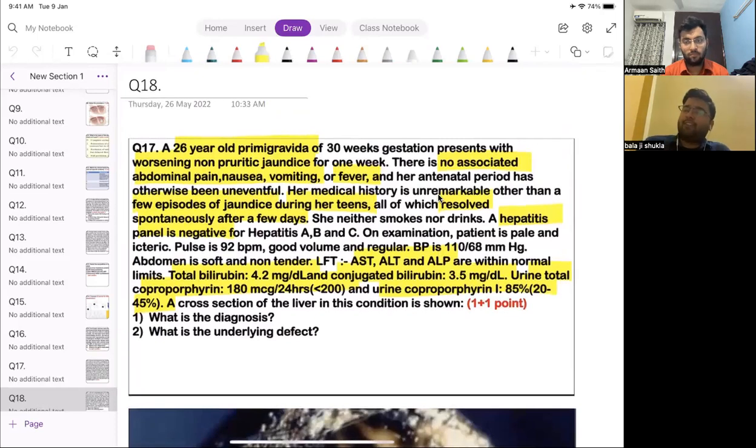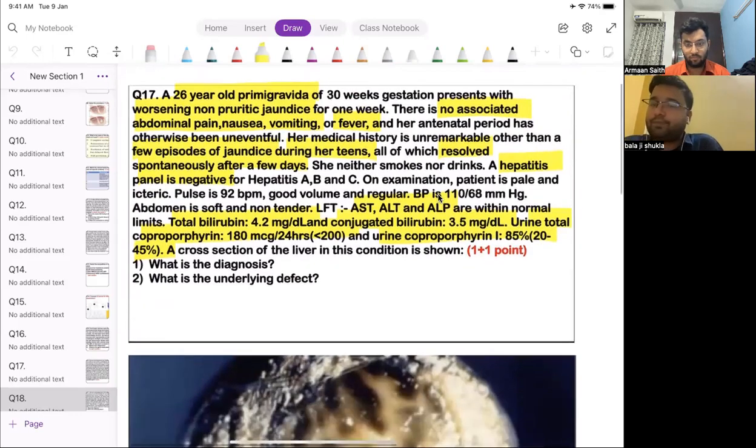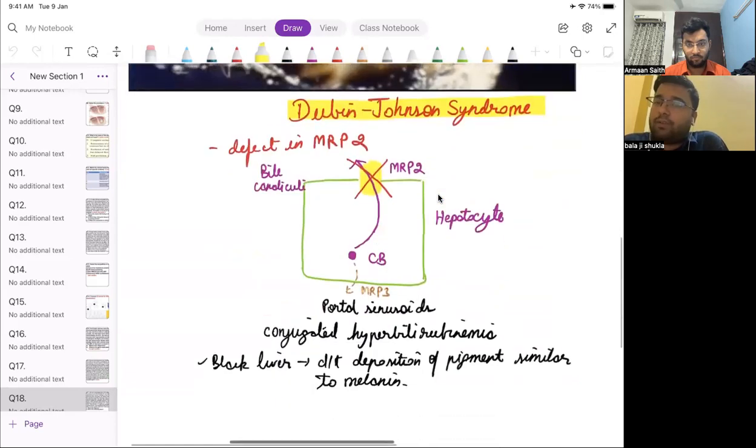I want to emphasize that as you can see, the urinary total coproporphyrin is normal in this case. In Rotor syndrome, it is elevated, and the urinary coproporphyrin 1, which is elevated in Dubin-Johnson syndrome, is less than 70% in case of Rotor syndrome.